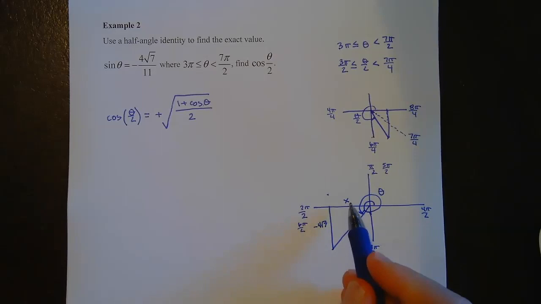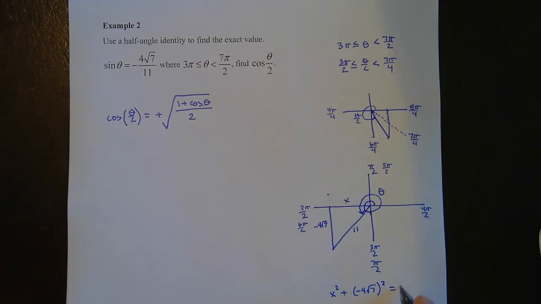So how can I figure this x out? You can use the Pythagorean theorem. So x squared plus negative 4 square roots of 7 squared is equal to 11 squared. That'd be x squared plus 16 times 7, which is 112, is equal to 121.